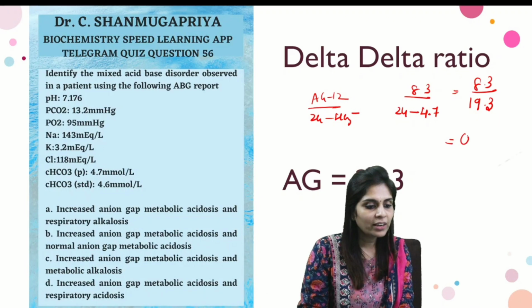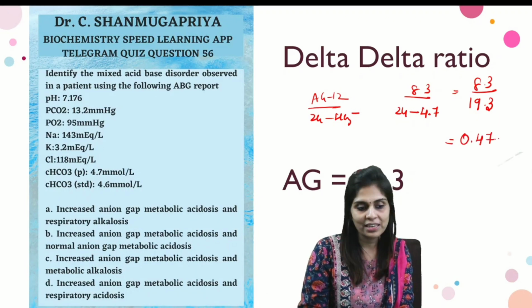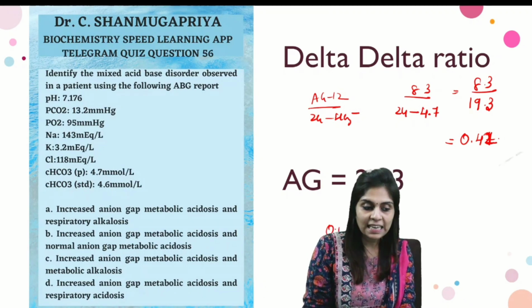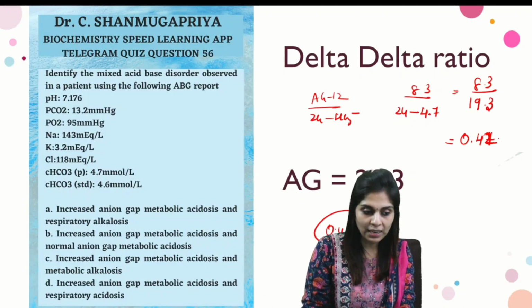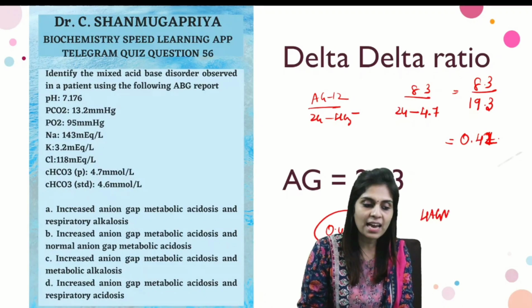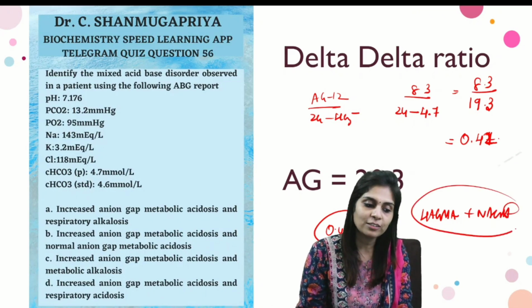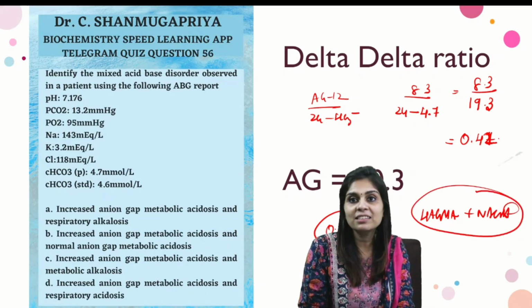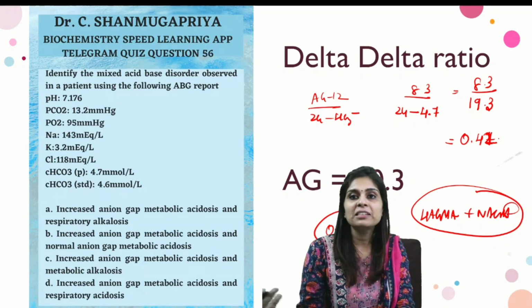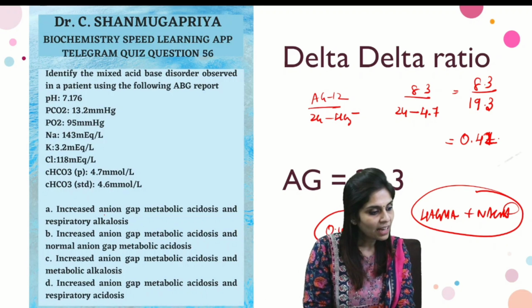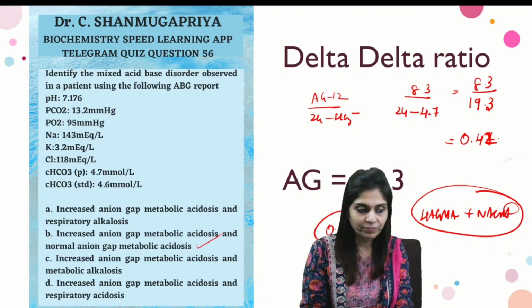If you calculate, you will get about 0.42. I said if the delta-delta ratio is anywhere between 0.4 and 1, it means it's a combination of high anion gap metabolic acidosis and normal anion gap metabolic acidosis. So probably it's a case of diarrhea which has precipitated diabetic ketoacidosis. So what is the answer for this question? The answer for this question is choice B.